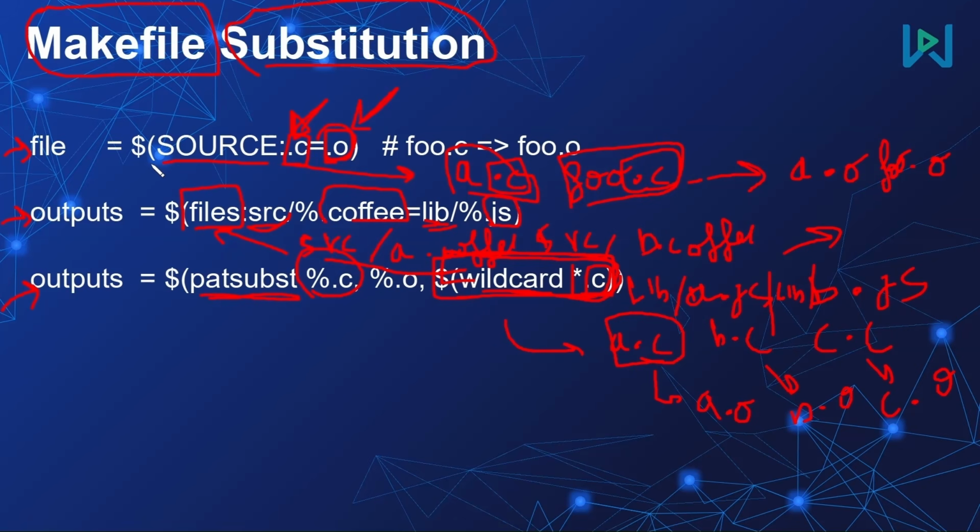So it's quite similar to this one. However, as you can see, this is, let's say, hard-coded to substitute the .c suffix by the .o. This pattern substitute can accept basically any kind of patterns to be substituted. It means it can substitute the suffix, it can as well substitute the paths, as here.